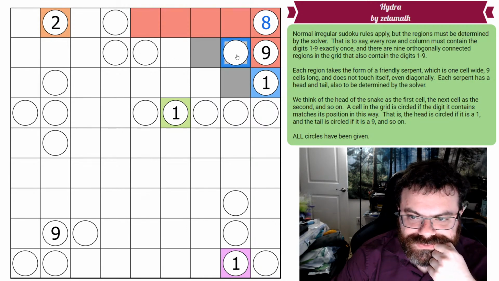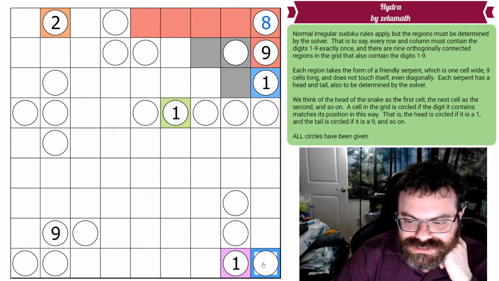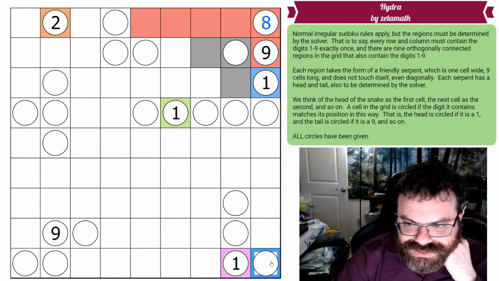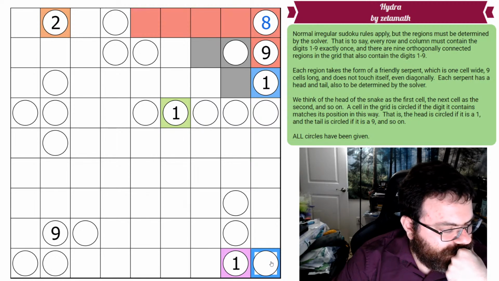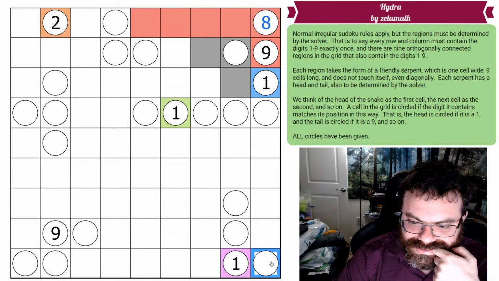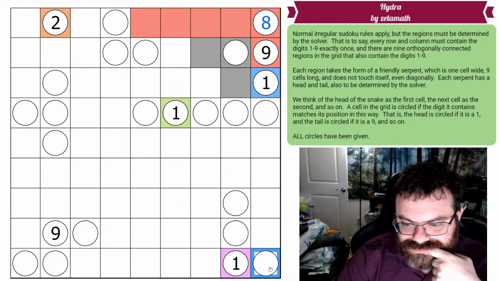This would be 2. This would be 3. If that were the one. That seems okay. Right. This can't be the start or end of a snake. That's true.